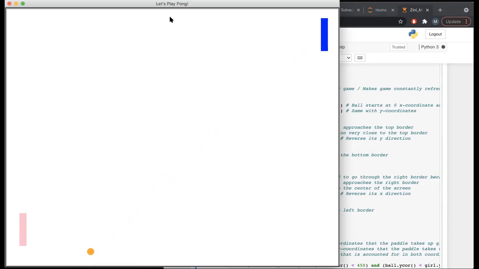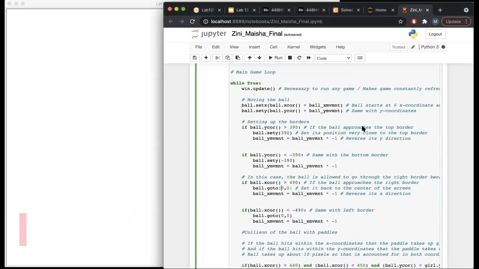If the y coordinate passes 390, you set the y coordinate of the ball to be 390, so it's forced to stay there, and then it switches the direction the ball is moving in the opposite way. I did that by setting ball y movement equal to ball y movement times -1, which just reverses its direction in the y direction.